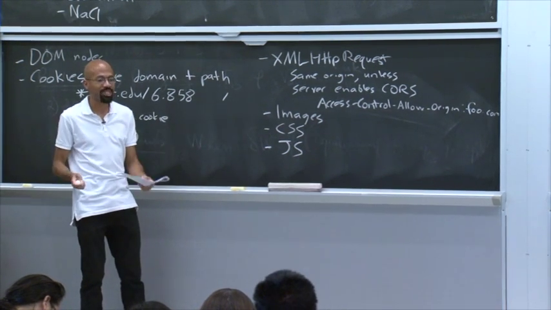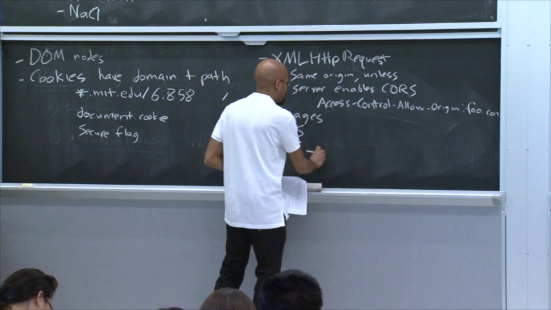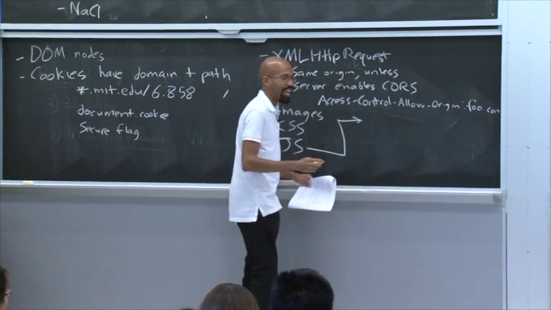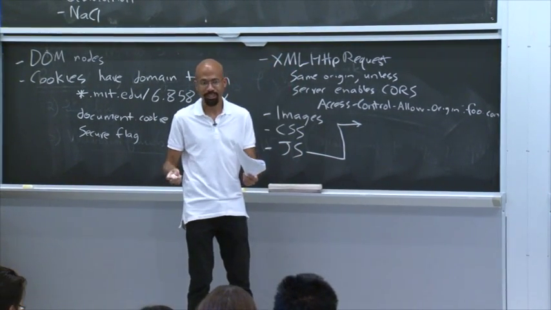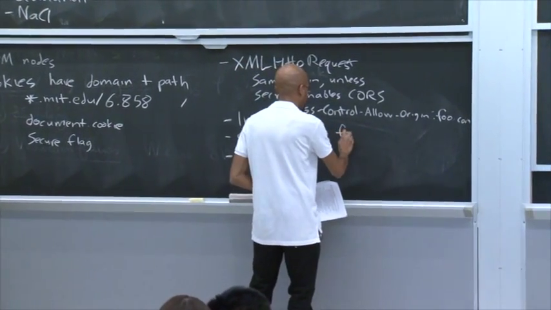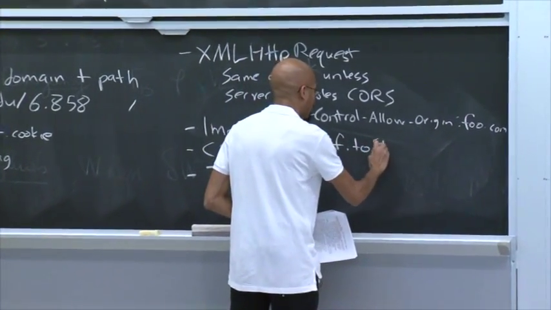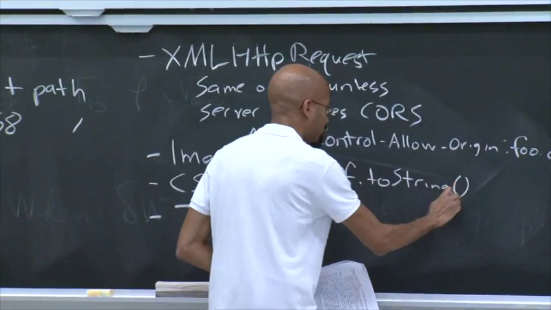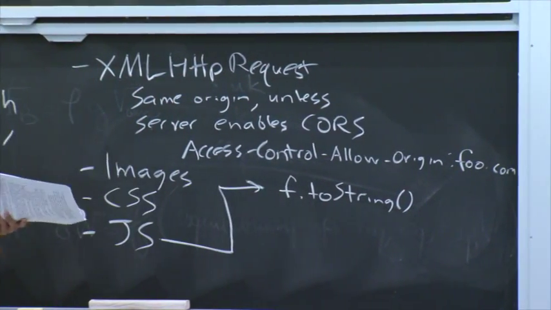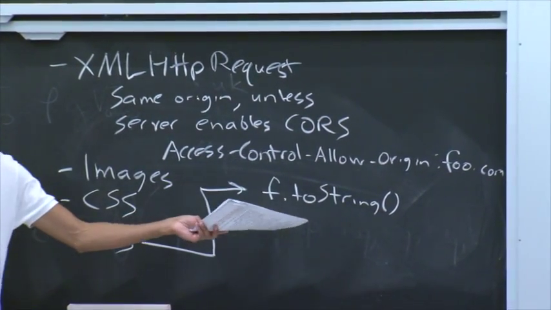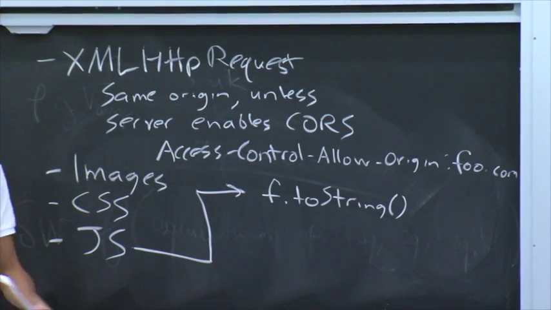However, there are a bunch of holes to this. So for example, JavaScript is a dynamic scripting language, and functions are first-class objects. So for any function f, you can just call f.toString, and that will give you the source code for the function. And people do this all the time to do things like implement dynamic rewriting and stuff like that.